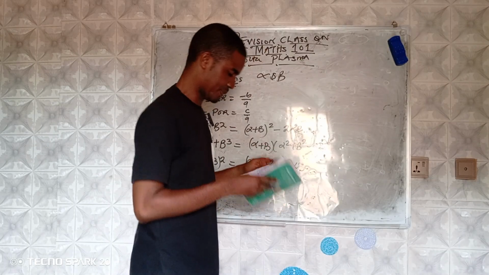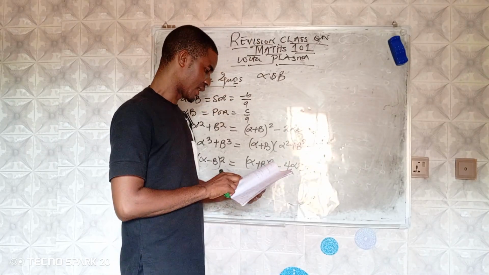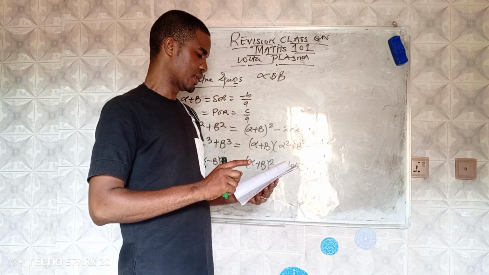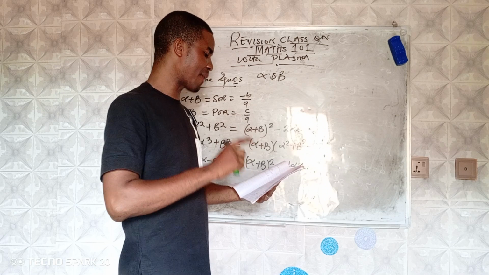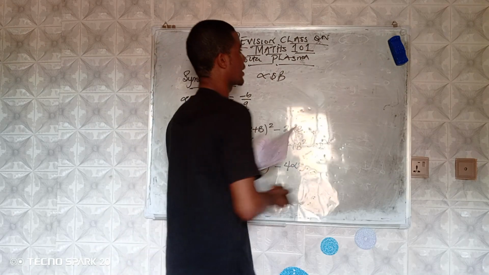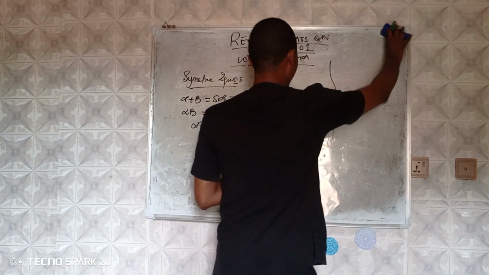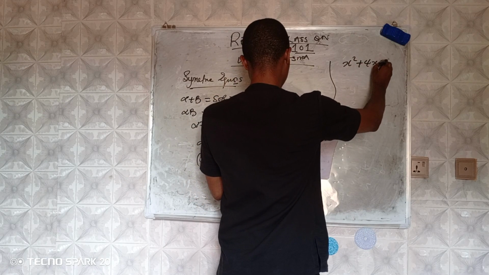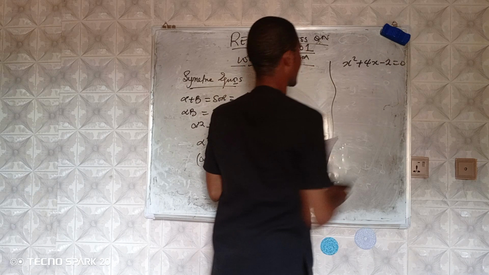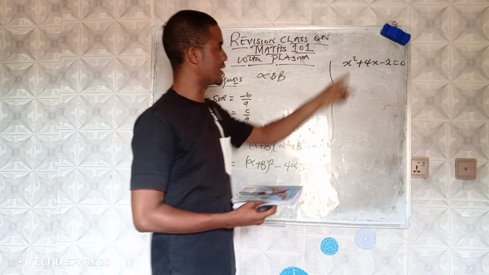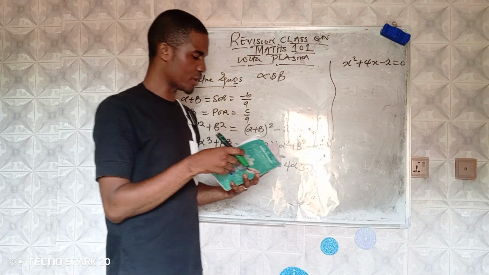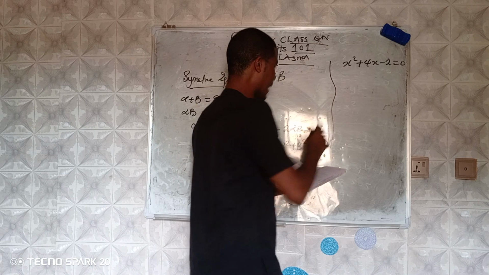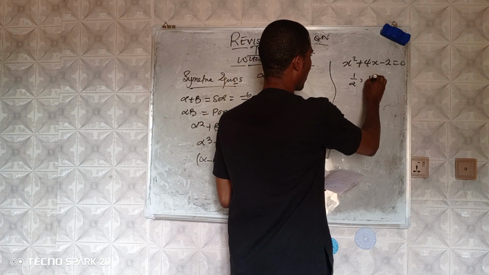Okay, let me pick one question from here. This one says, form an equation. If alpha and beta are the roots of this equation, then form an equation whose roots are 1 over alpha, 1 over beta.